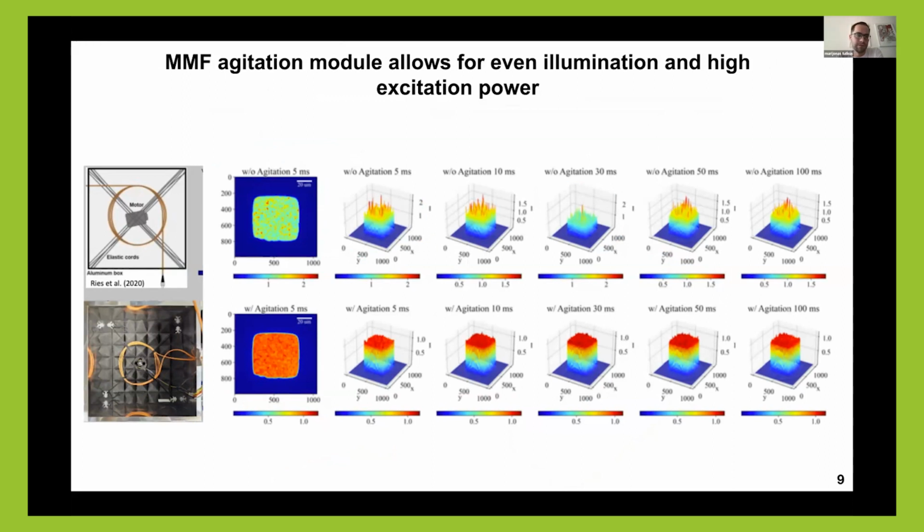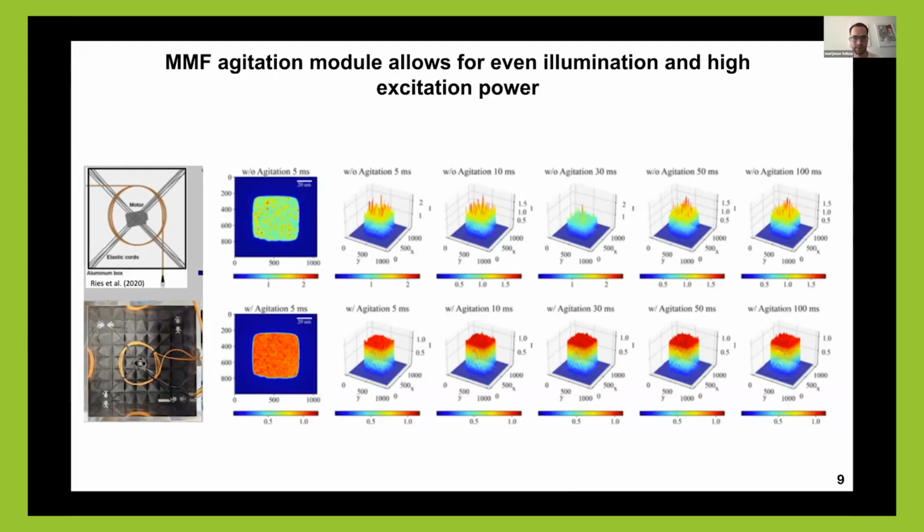You can see that the orange fiber is rotated around an agitator motor, which is in an aluminum box, and this agitator motor is just vibrating the fiber, so we can get the mode mixing, and then we avoid the speckles. As you can see here on the graphs, on top we have the illumination profile without agitation at different exposure times, and at the bottom we have the illumination profile with the agitation motor on, and it's essentially flat irrespective of the exposure time.